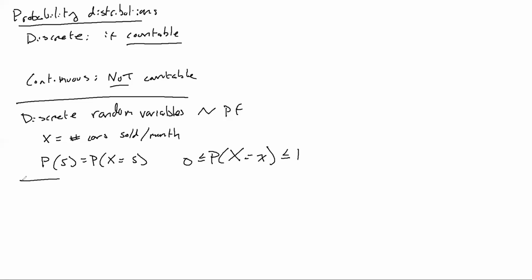And for a continuous random variable, RV for random variable, they follow a probability density function. For a probability density function, it typically has to be a range.